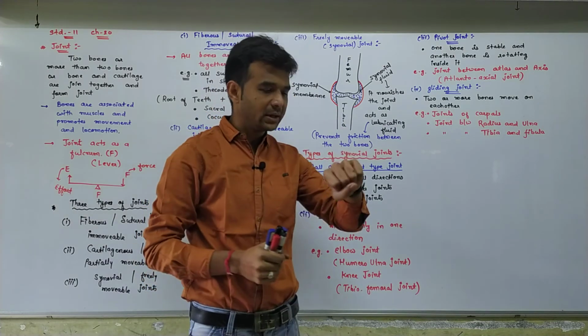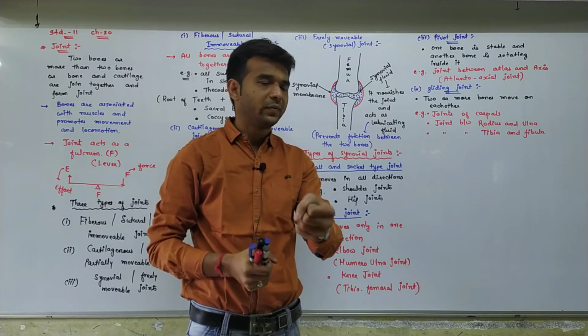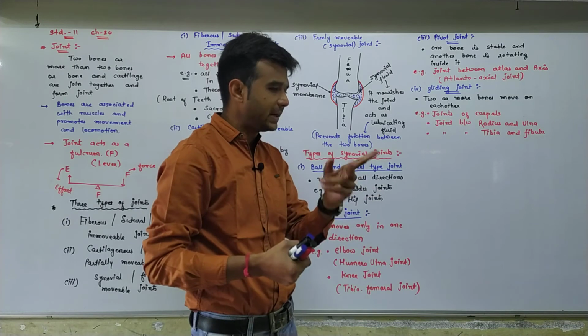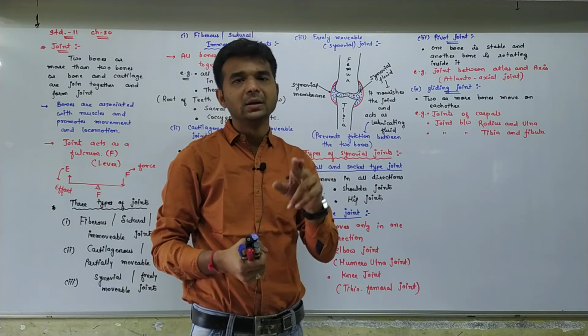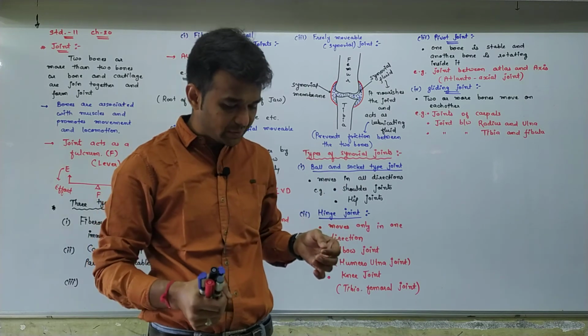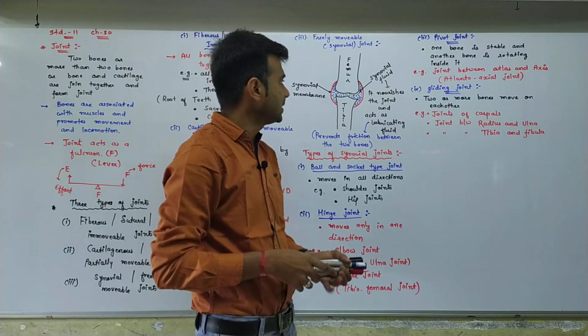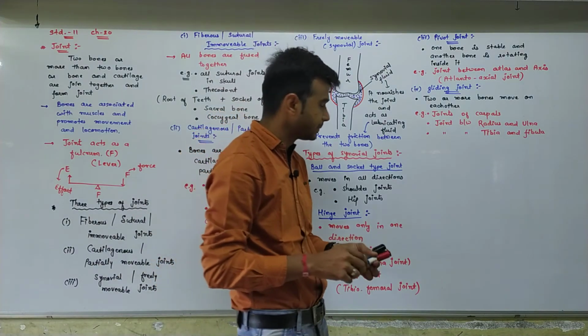Joint between radius and ulna, so we are doing this type of movement. Radius moves over the ulna, ulna moves over the radius. And similarly tibia and fibula, we are rotating the leg region. So this is known as gliding joint.